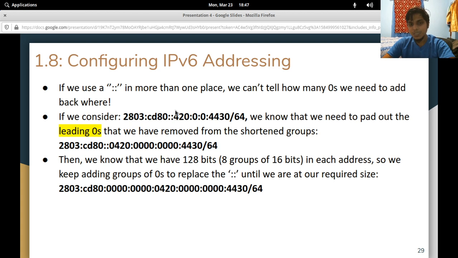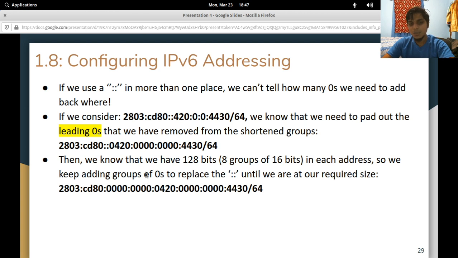We only removed leading zeros here, and we only put one double colon there. We know that we need to pad out the leading zeros that we have removed from the shortened groups. Then we know that we have 128 bits, which is 8 groups of 16 bits in each address.